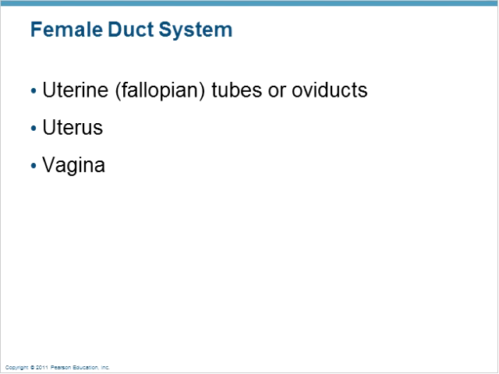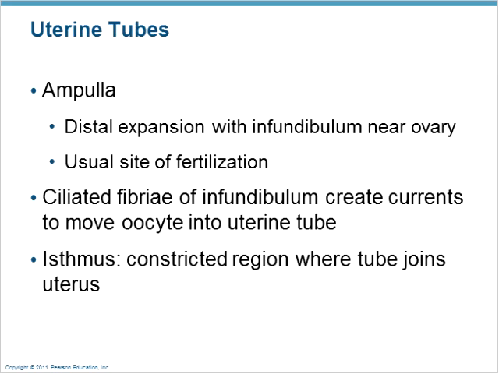The female duct system includes the uterine fallopian tubes, or oviducts, and the uterus, and the vaginal vault, or as it's called, the vagina. The uterine tube starts with the ampulla, which is the distal expansion of the infundibulum near the ovary, the expansion of the fallopian tubes. It's the usual site of fertilization, and it contains ciliated fimbriae of the infundibulum, which create currents to move the oocyte into the uterine tube.